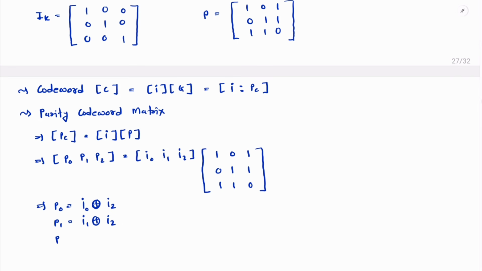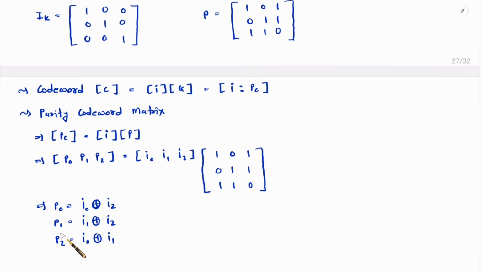And if you want to calculate P2, then that will be this row into the third column. So that will be I0 into 1 plus I1 into 1 plus I2 into 0. So this will be I0 XOR I1, right? So that is how one can identify the parity code word matrix, that is P0, P1, P2.